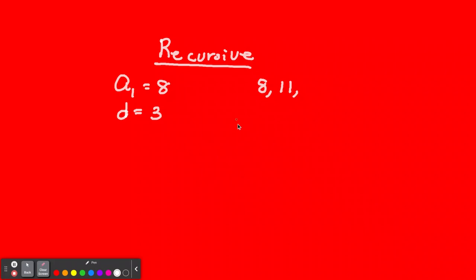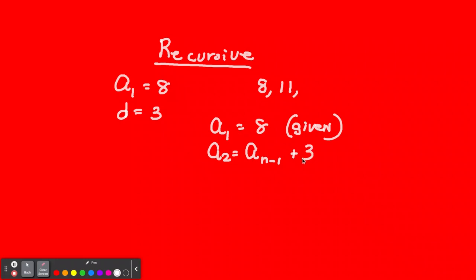If we want to express this, we'll say that the first term equals 8, and how do we know? Because it was given to us. This is how you should write it. And the second term, we're going to use the general formula. The general formula for the second term is going to be a n minus 1 plus 3, because 3 is the difference.